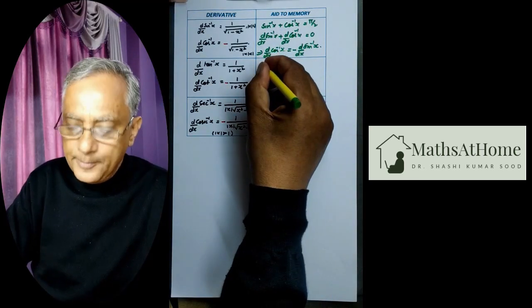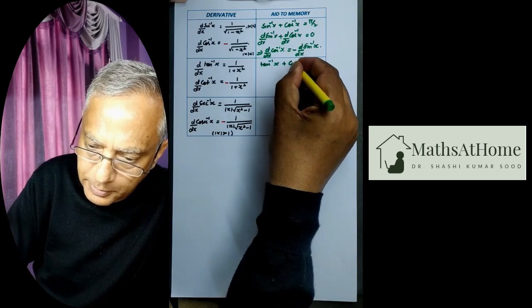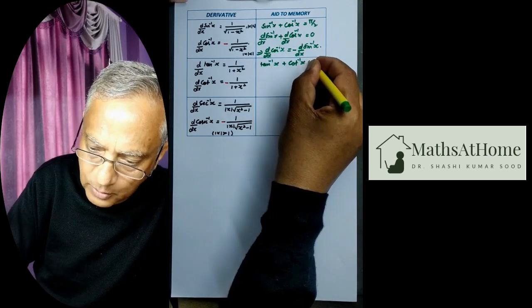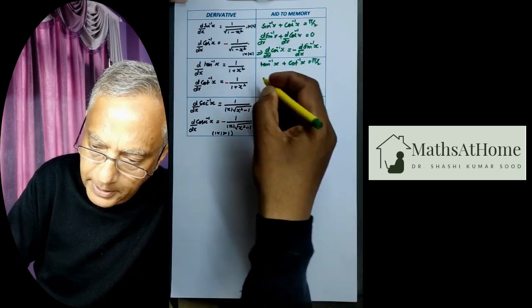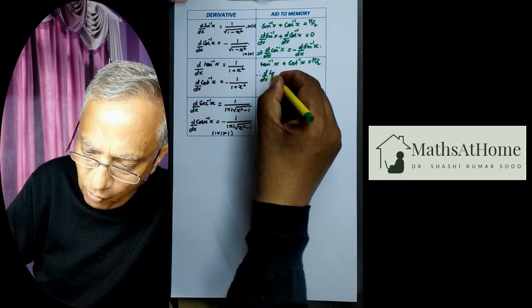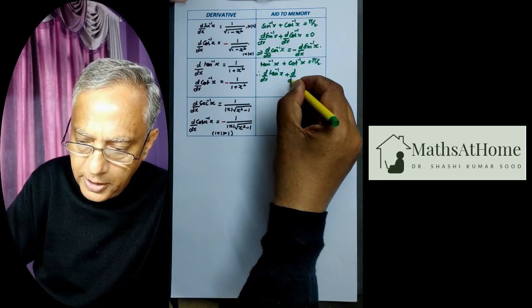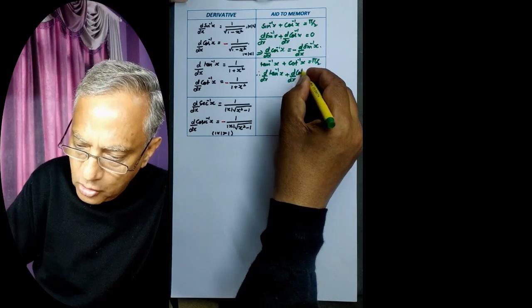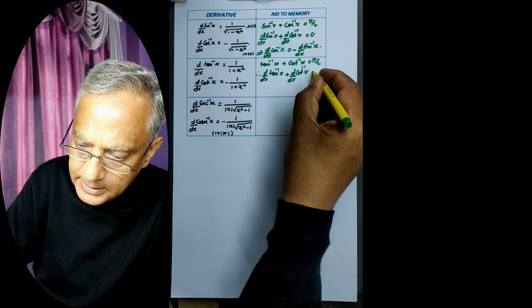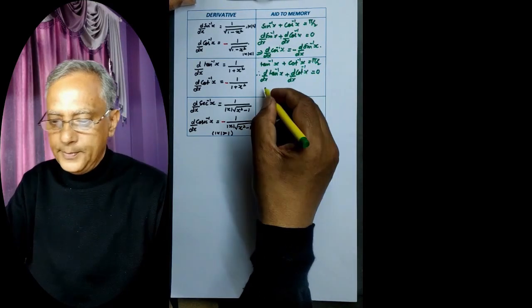And similarly, tan inverse x plus cot inverse x is pi by 2. And therefore, d by dx of tan inverse x plus d by dx of cot inverse x must be equal to 0.